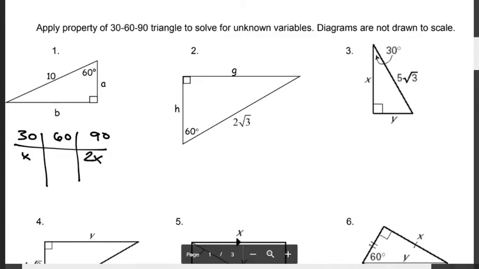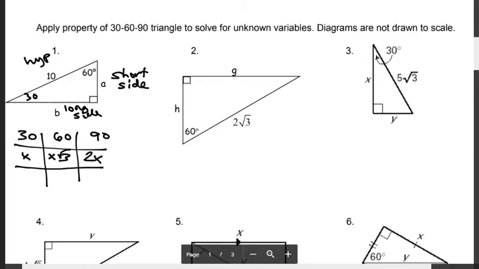Our hypotenuse is 2 times that. Then we have x radical 3. If it helps you to label each side, you can do that. So if I know that this 10 is going to be my hypotenuse, I know across from my 60 is going to be my long side, and then my a, because 30 degrees is going to be here, will be my short side.